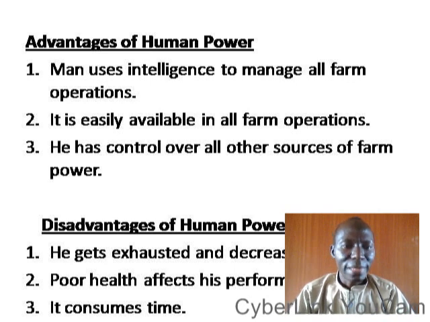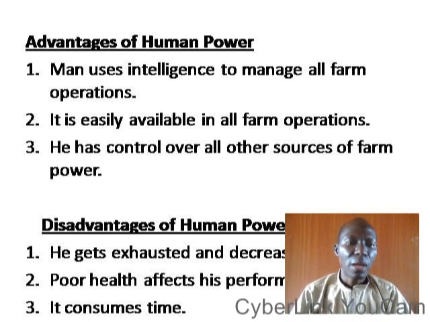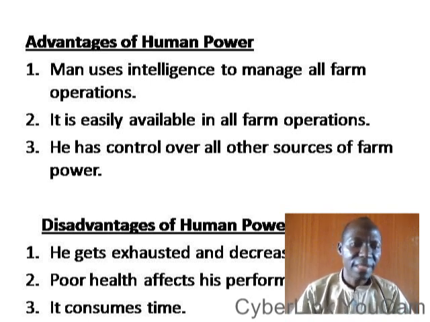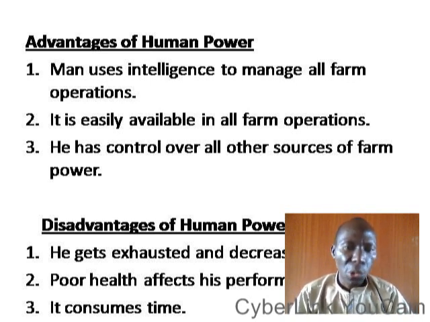Number two, it is easily available in all farm operations. That is, man can perform all farm operations. Number three, it has control over all other sources of farm power. Other sources of farm power such as electrical power, solar power, and biogas, man controls them.